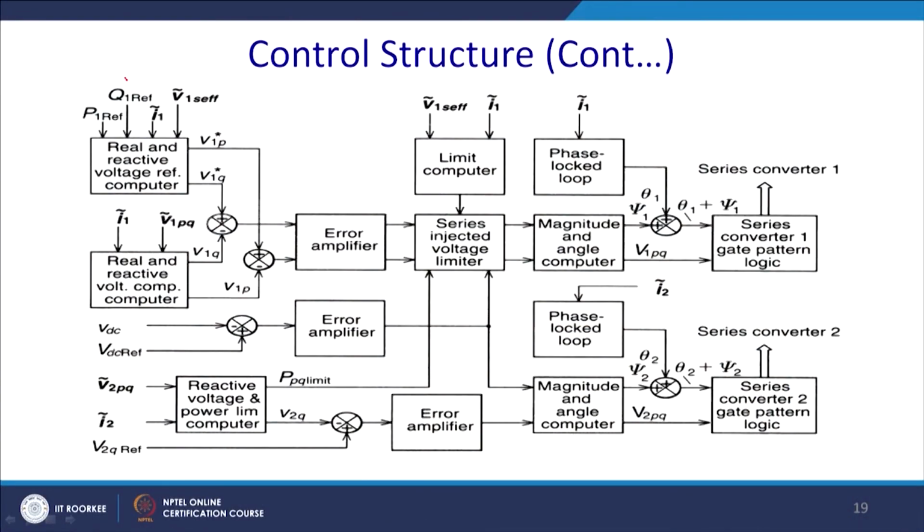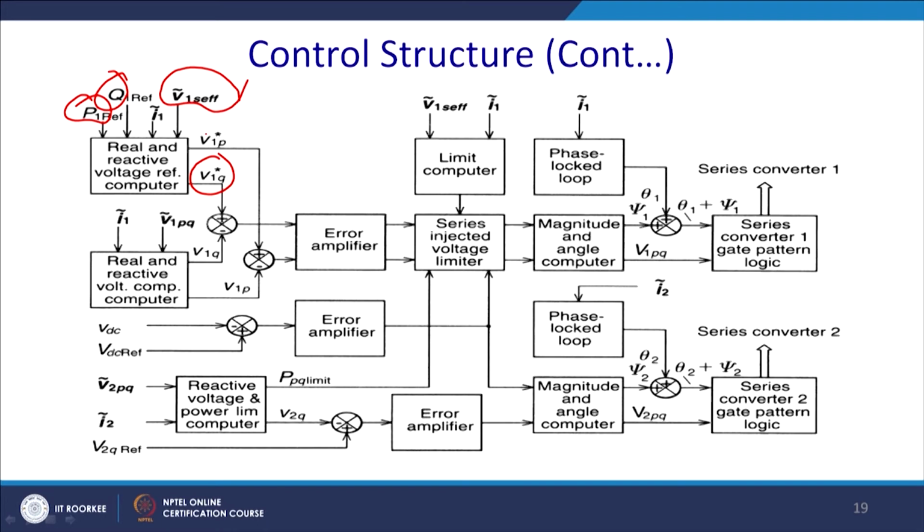So, see that this is a control block diagram of the IPFC. So, this is Q1 ref and P1 ref, and this is I1 delta, and effectively this one is the effective sending end voltage, that is V1 effective. And from there you will compute the in-phase component of the voltage injection and the quadrature component of the voltage injection, that is essentially V1P star and V1Q star.